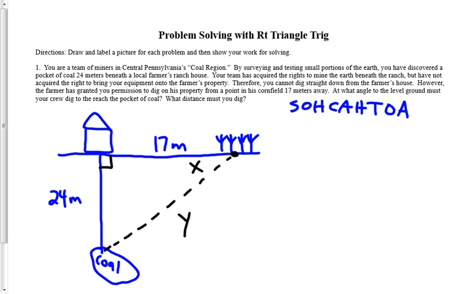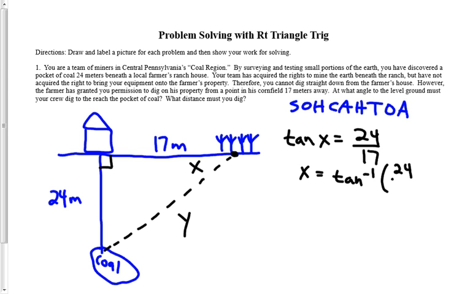So opposite over adjacent is tangent. So I'm going to calculate the tangent of x equals 24 over 17. And of course, we can find what x equals by taking the inverse tangent of both sides. So x is going to equal the inverse tangent of 24 over 17.